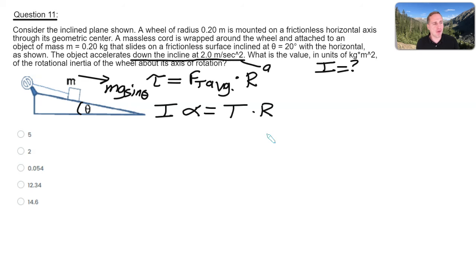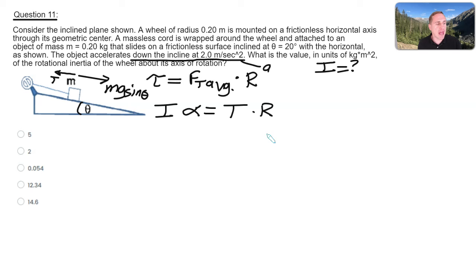Hopefully you've seen that before. That's the parallel-to-the-incline portion for a mass sliding on an inclined plane which is elevated at angle theta above the horizontal. But the tension force is what holds the mass back, so I'm going to call that T.